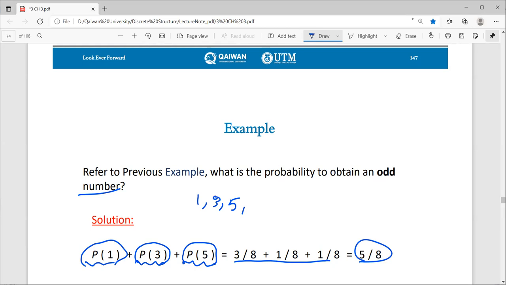But here we already have 5, so you just write down 6. That's 3 over 8 plus 1 over 8 plus 1 over 8 plus 1 over 8, which is 6 over 8. It's like that. Okay, that's all possible questions about this type of example.